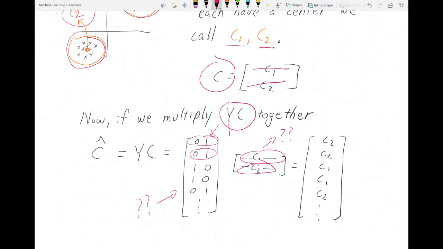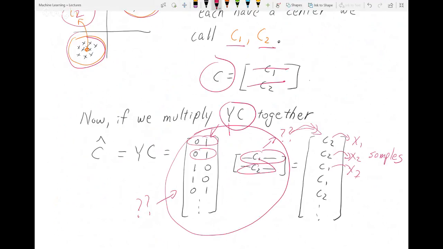If we know them, then when we multiply them together, we'll get another matrix. There's going to be n rows in it because there are n samples. Essentially, this is the center for x1, center for x2, center for x3.